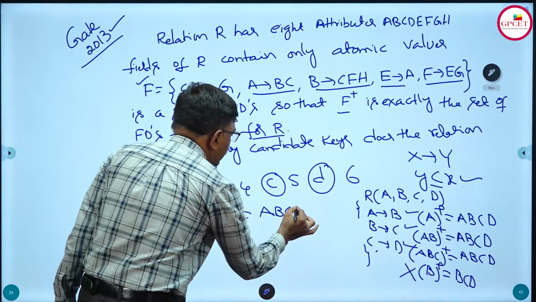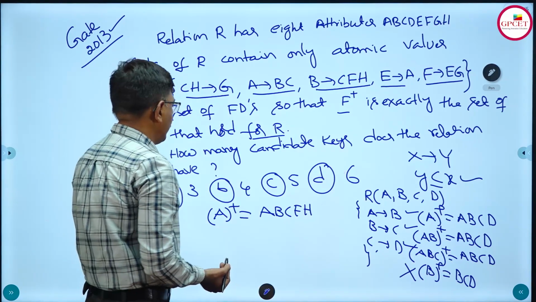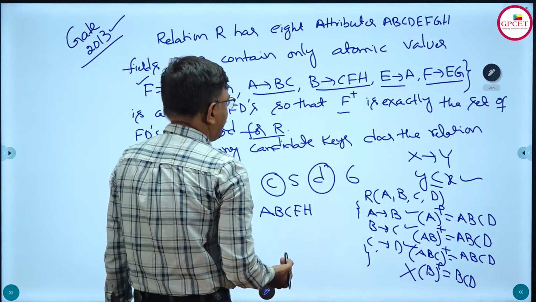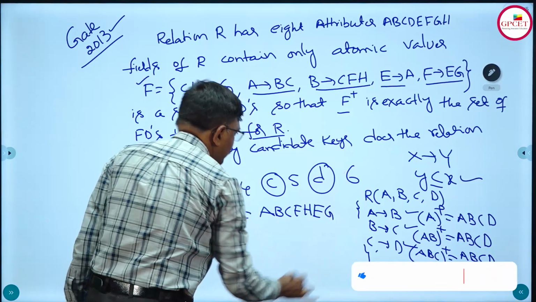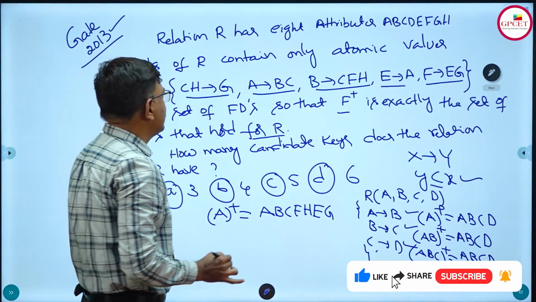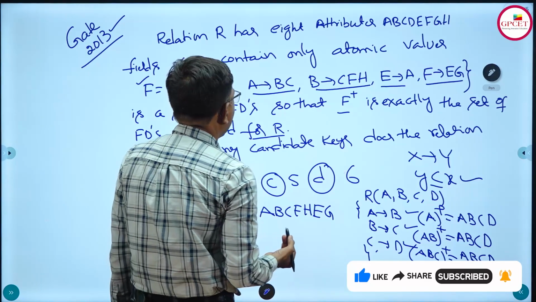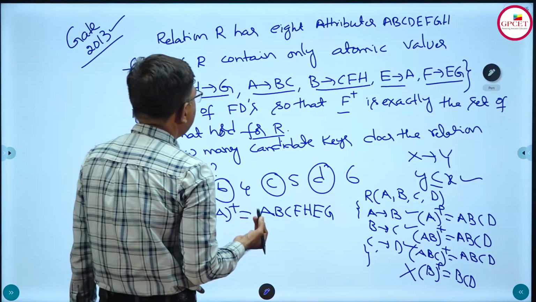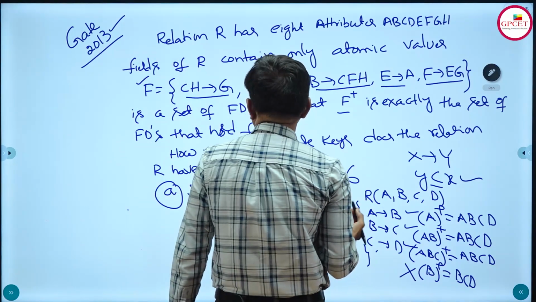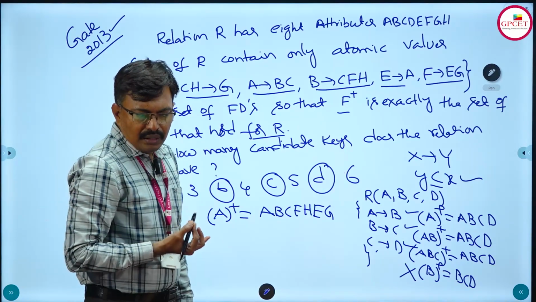C is there, FH. What is FEG? And then A, B, C, D, E, F, H. The functional dependencies are the following.